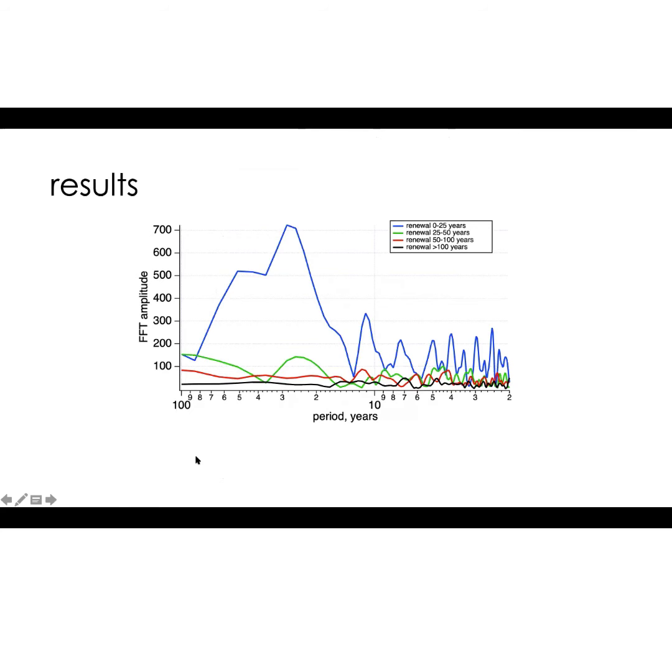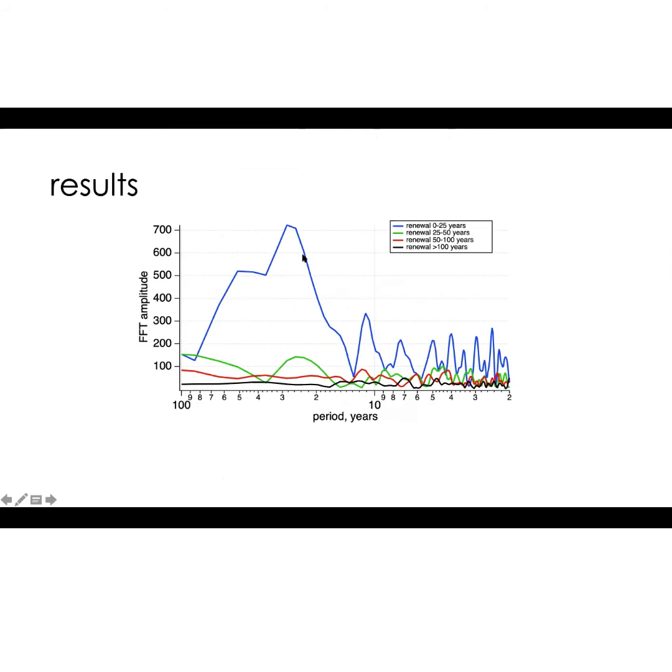If we look at the Fourier analysis, you see something like the same pattern again, which is these short renewal interval events have a ton of power at the modal renewal interval, which is about 26 years.